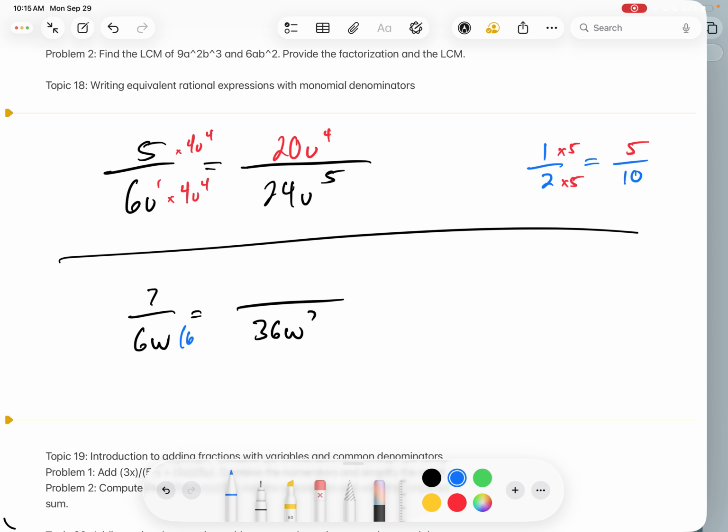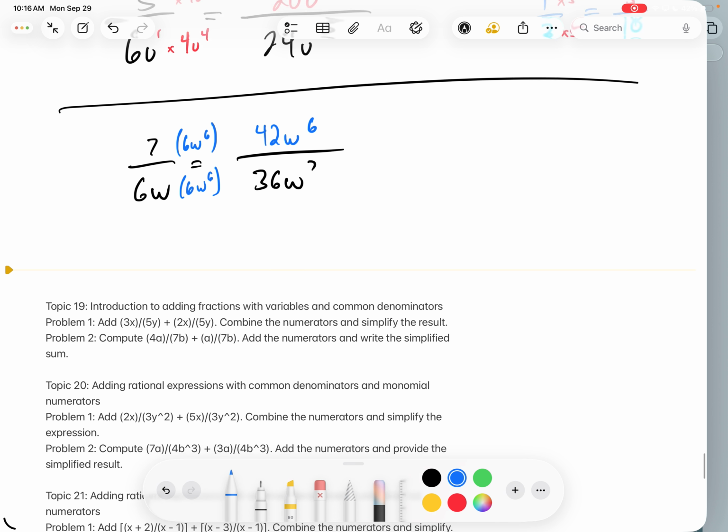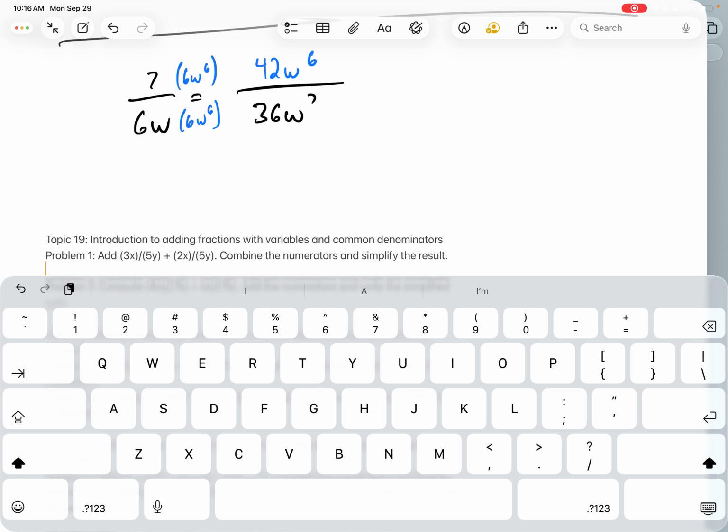I would multiply by 6, and I got 1w here, so I need 6 more. So now I multiply the top by 6w. So that would be 42w. We'll continue to do that a bunch, so.